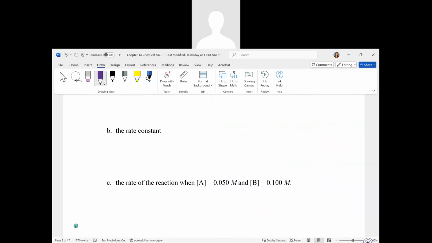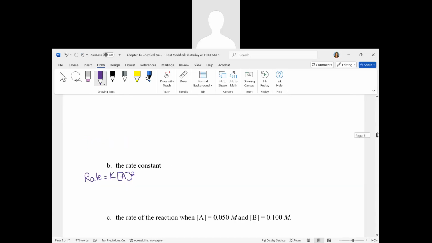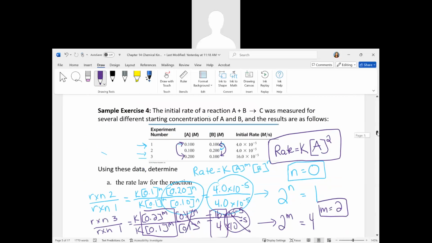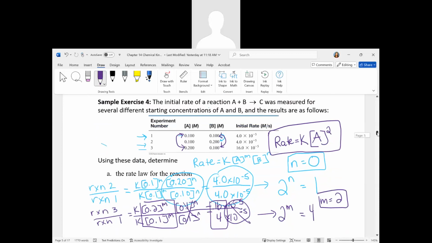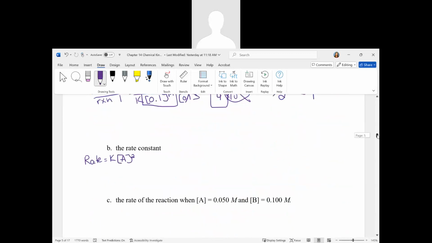So let's see if we can use our rate law and solve for the rate constant now that we have this rate law. Again, we're going to rewrite that our rate equals K times A squared. If we want to solve for our K value here, all we have to do is plug in some value of A and a rate that corresponds to that. So let's take a look at reaction 1. The concentration of A is 0.1 and the rate is 4 times 10 to the negative fifth.